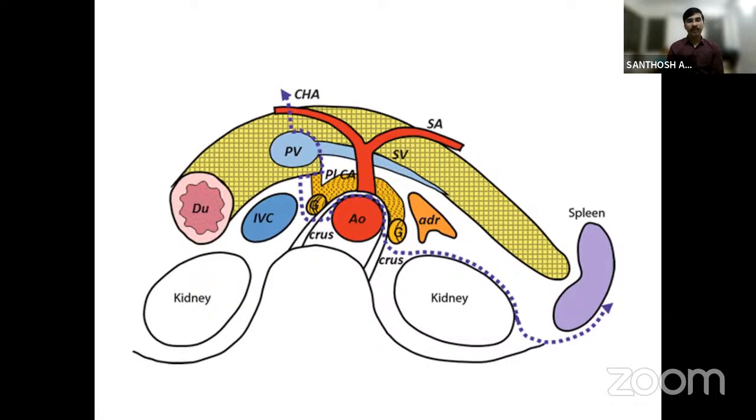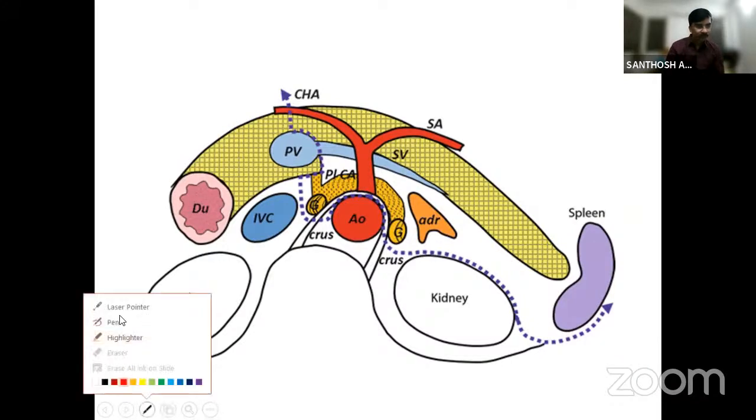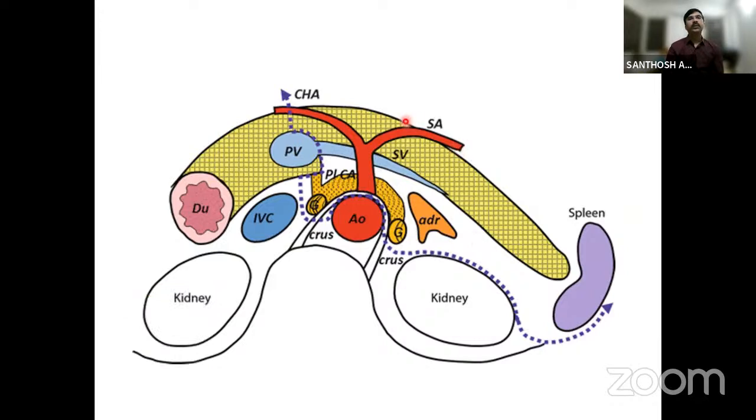Now, what we do in DPCAR is otherwise called distal pancreatectomy and celiac artery resection. It is done for those tumors which are present in the body and infiltrating the splenic artery or splenic vein and the celiac artery proper, but without infiltrating the origin of celiac artery from the aorta.